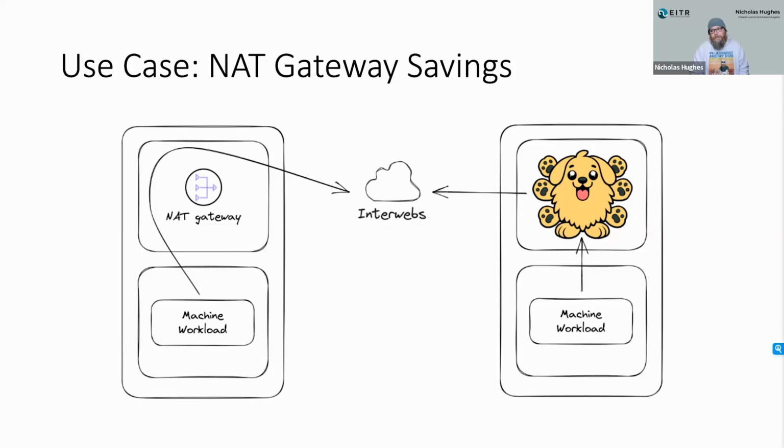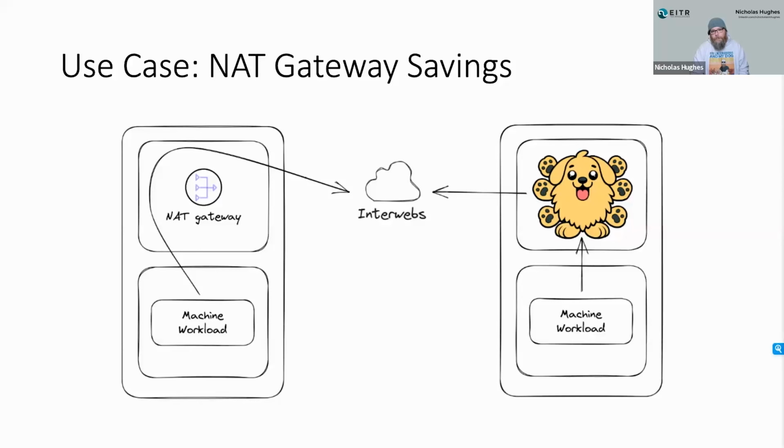But what WebRetriever allows us to do is, because those machine workloads don't need access to the internet, we could, either at small scale or at large scale, through autoscale groups and load balancers and things like that, put a WebRetriever gateway in between those machine workloads and the internet.